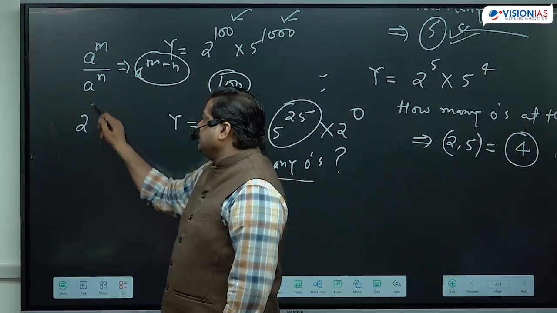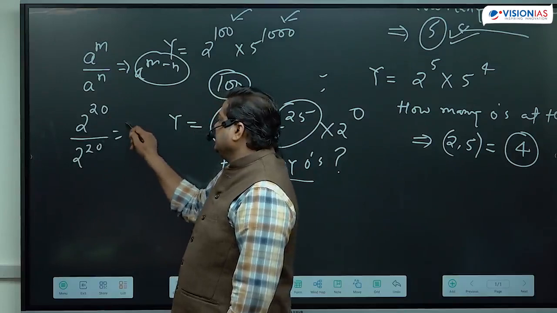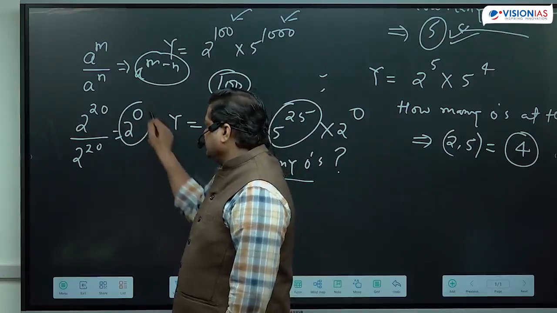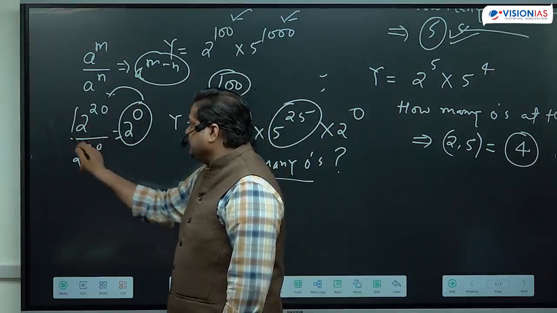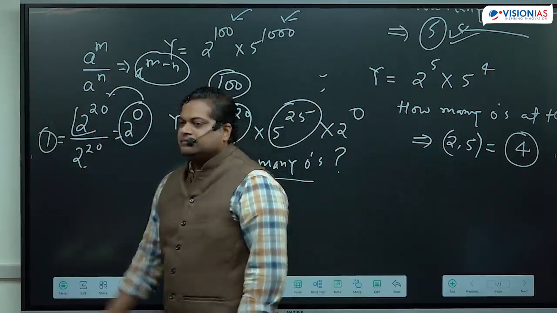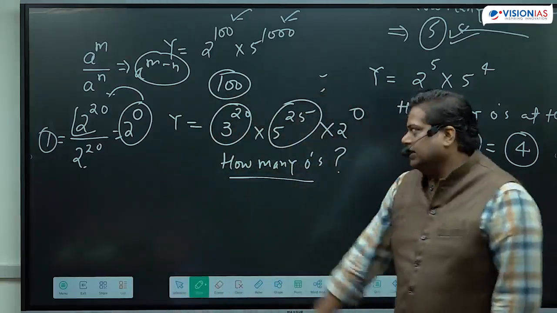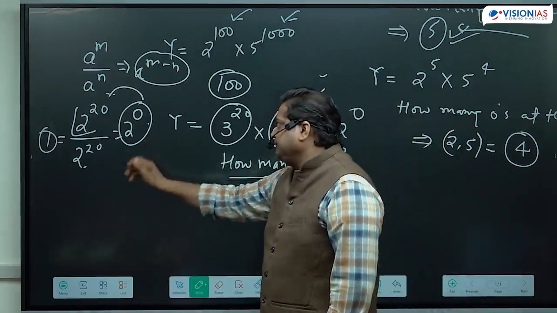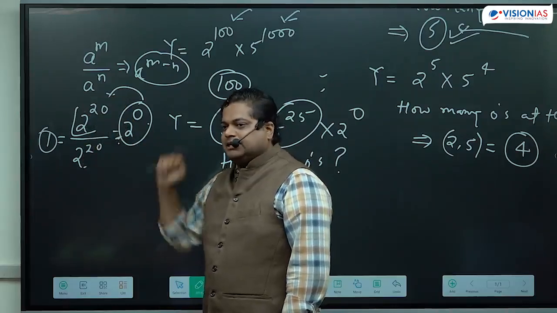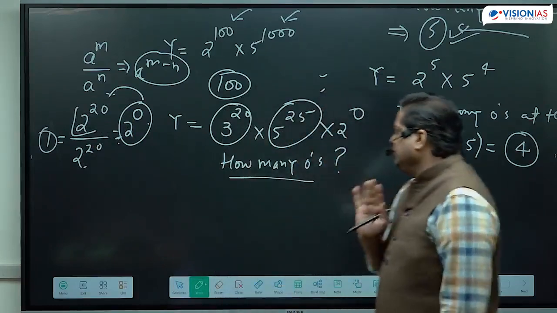If I write 2 के पावर 20 divided by 2 के पावर 20, so 2 के पावर 20 minus 20 is 0. 2 के पावर 0 की वैल्यू क्या हो जाएगी? Same number को we are dividing by the same number, that means it is 1. That is why we write any number के पावर 0 is 1. Same for 10 के पावर same number divided by 10 के पावर same number, any number.